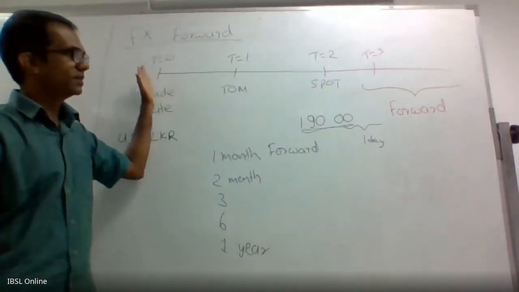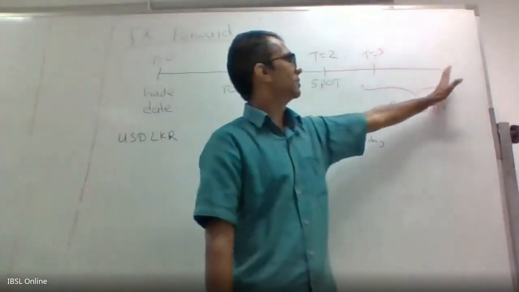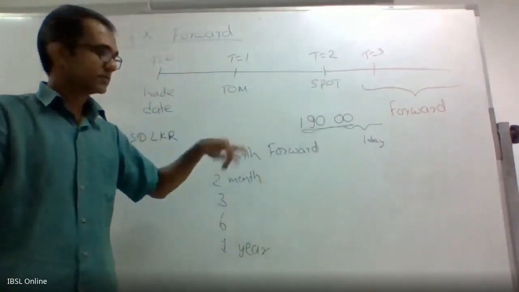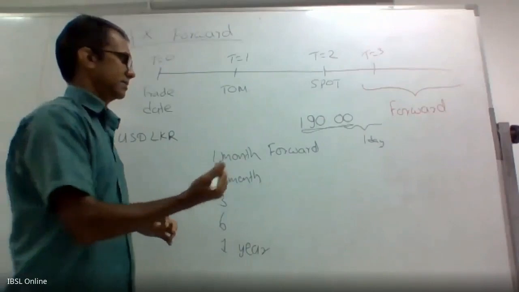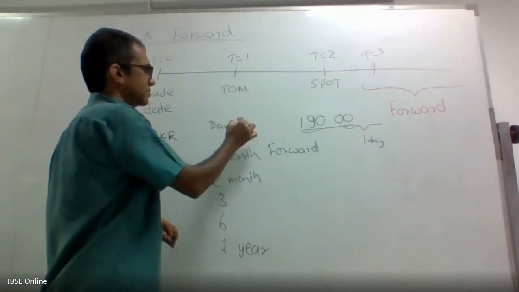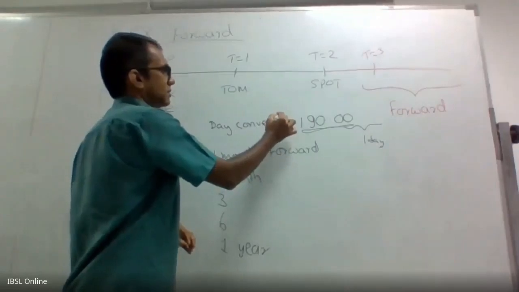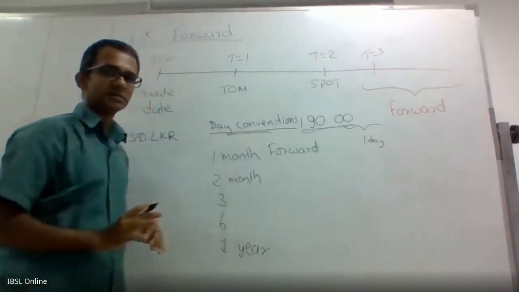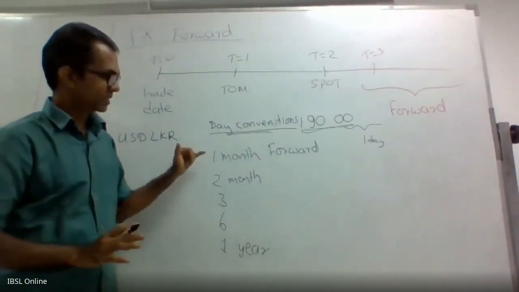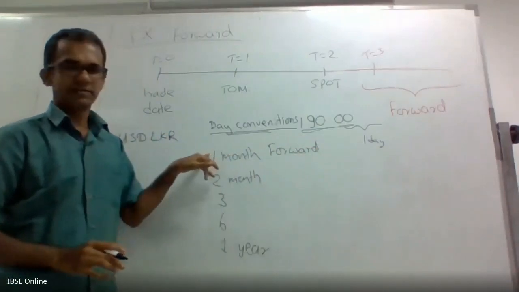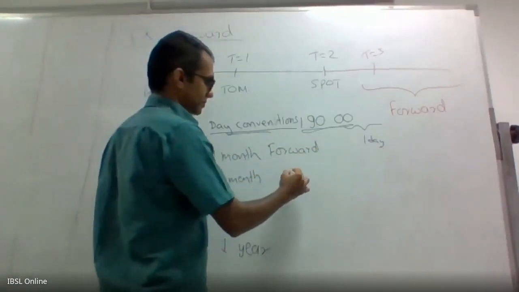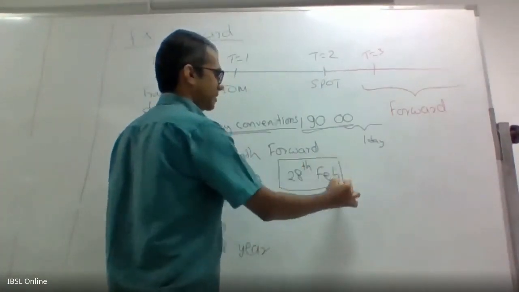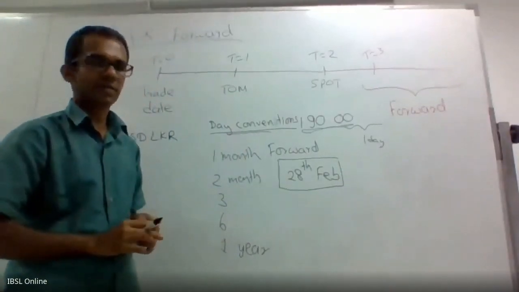When we say 1 month forward, it is 1 month in the future from the spot date. So the day conventions that we discussed under money market are applicable when you decide the forward value date. Assume 28th February is the last trading date of the month.